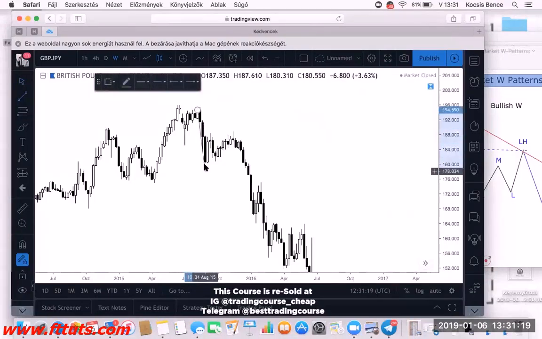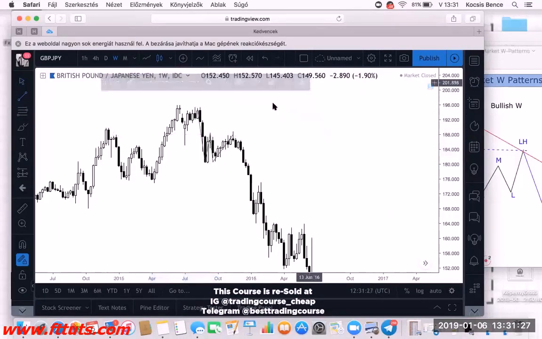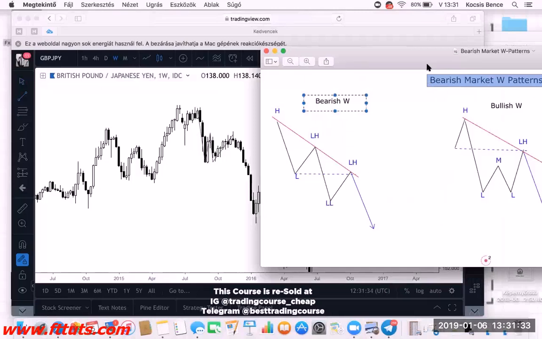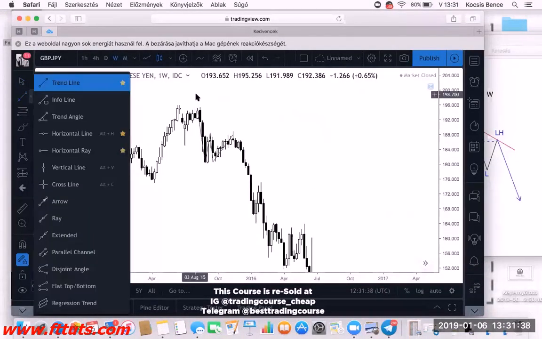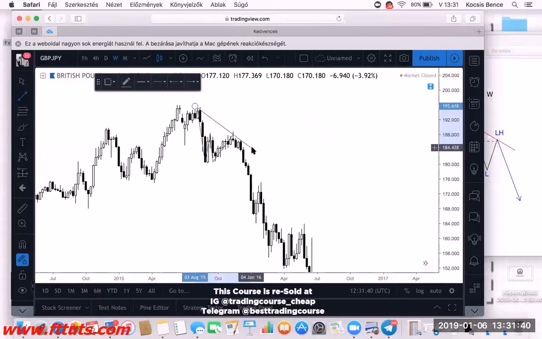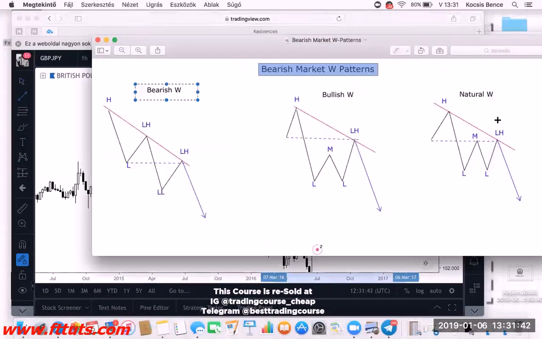Here is the other W. Up, down, up. So we have same highs, same lows. So this is the natural W. We have same highs, same lows.